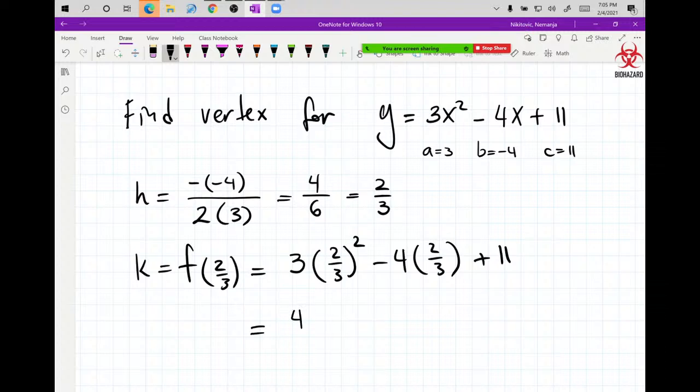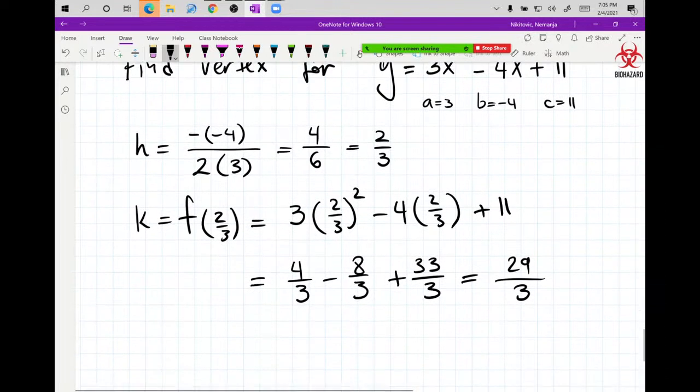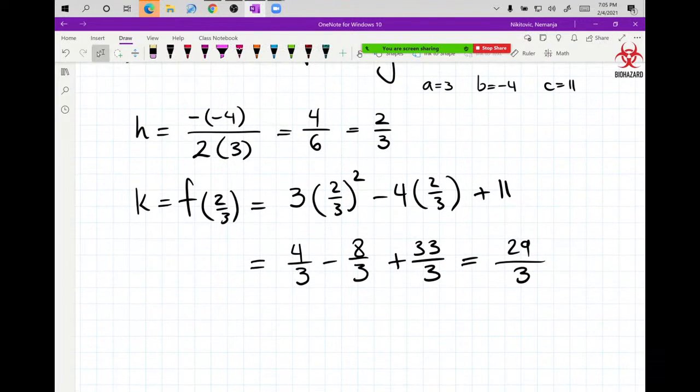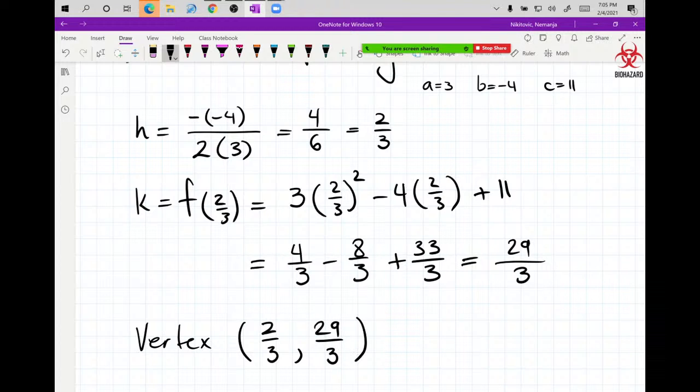So you get 4 over 3 minus 8 over 3 plus 33 over 3 if you want the common denominator. That's 29 over 3, because that's a negative 4, 33 minus 4 is 29. So the vertex is at 2/3 and 29 over 3. That's literally a point somewhere, and then you just go whoop whoop and you're done.